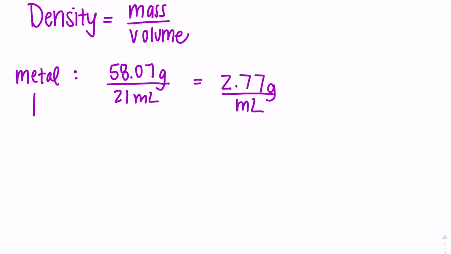The piece of metal that we measured was aluminum. And the actual density of aluminum is 2.7 grams per milliliter. So we can see that if done well, this is an accurate measure of the density.